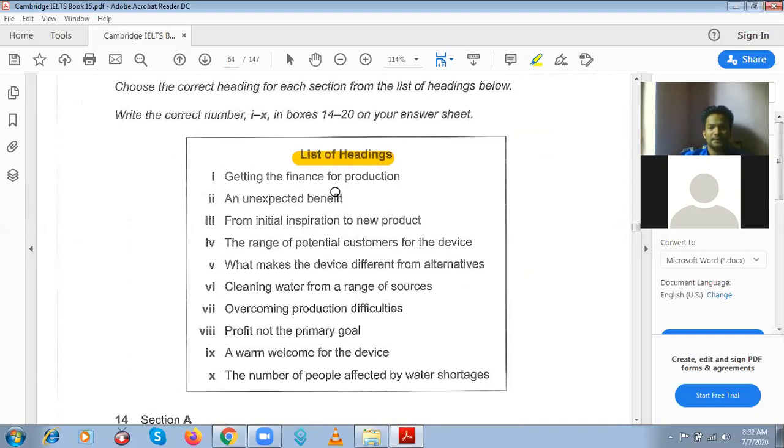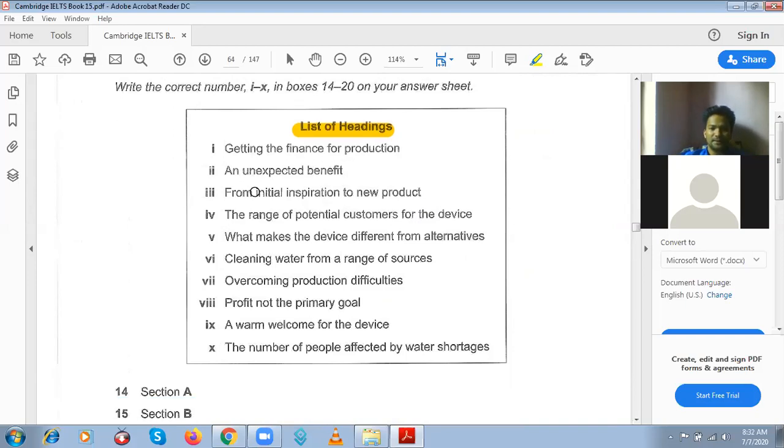An unexpected benefit: there is nothing about benefit. From initial inspiration to new product. Is it the answer? Yes, it seems pretty fine. He first saw and got inspired, and later he produced a new product. Let's see other headings.